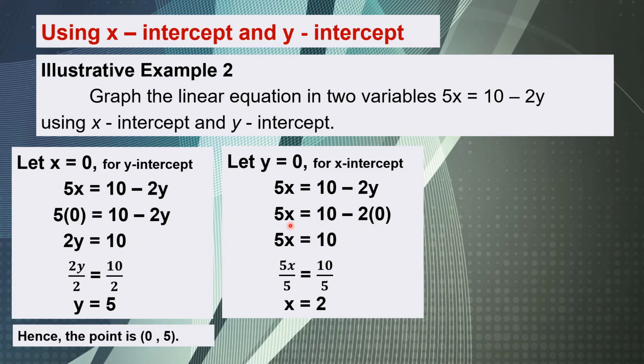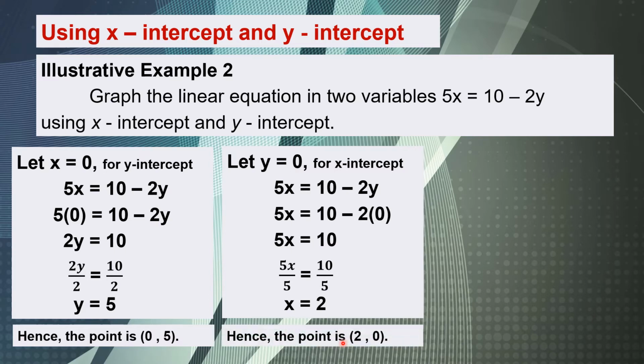So, ang natira na lamang ay 5x equals 10. So, para matanggal yung 5 dito, kailangan natin mag-divide both sides by 5. So, 5x divided by 5, cancel na yung 5. Ang natira ay x. 10 divided by 5 is equal to 2. Thus, our second point is (2, 0).